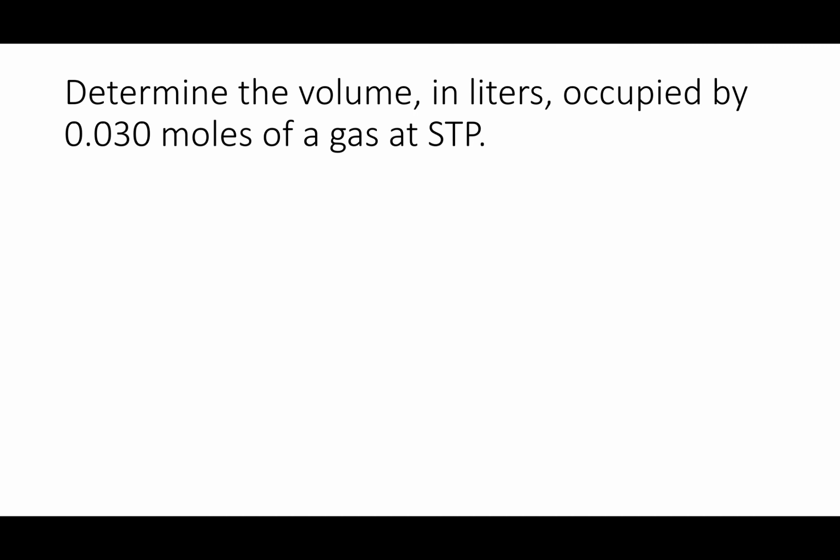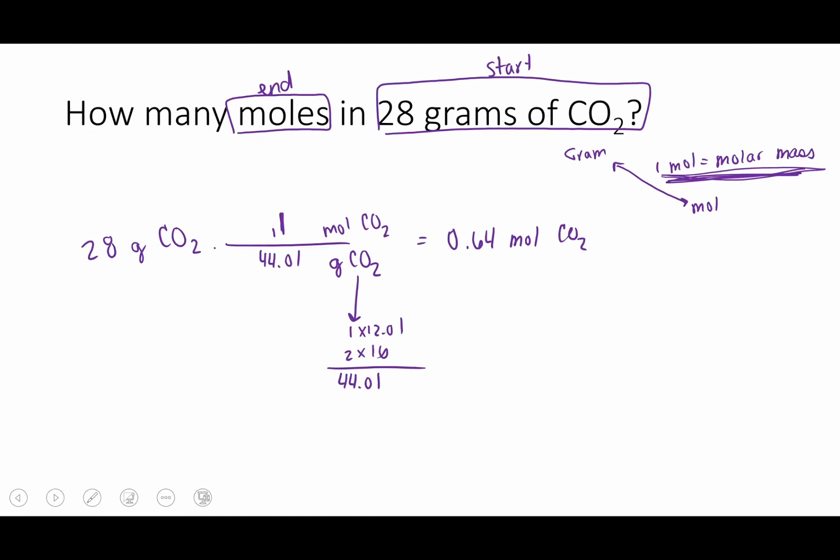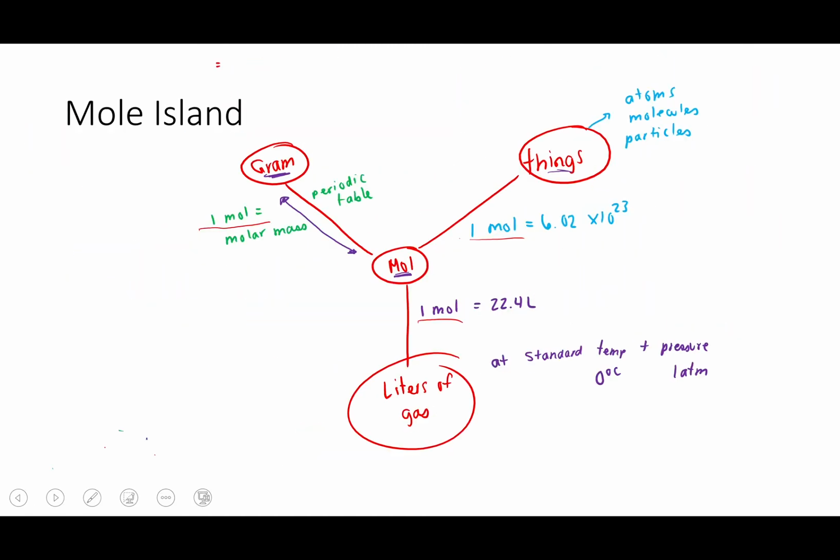All right, last step. Determine the volume in liters occupied by 0.030 moles of a gas at STP. So here's where I'm starting, and here are my ending units, start and end. So this time, if I flip all the way back to Mole Island, my new section that I'm in, I'll change my color so that we don't get all confused here.